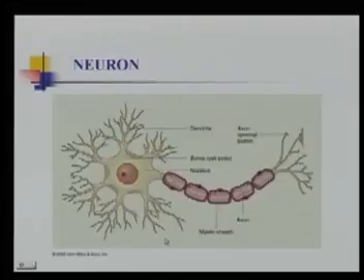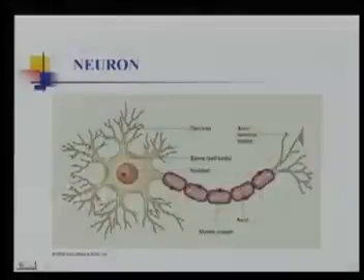What is a neuron? A neuron is the basic processing unit in the neural network sitting in our brain. You can see the structure of a neuron: this is the nucleus, this is the cell body, these are all dendrites, and this is the axon. The axon is like the output node of the neural network, and these are all inputs.